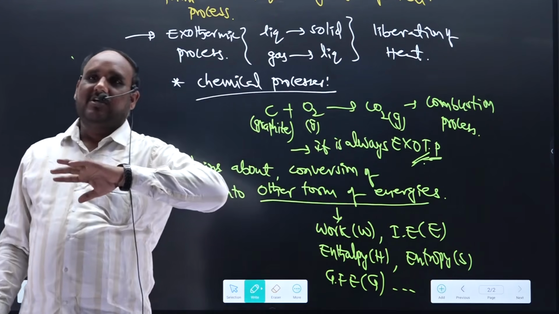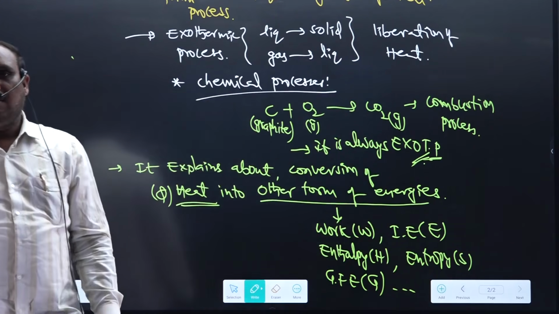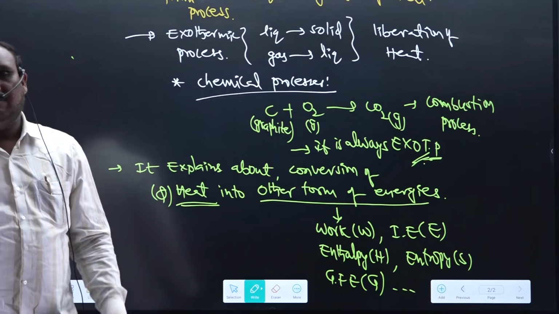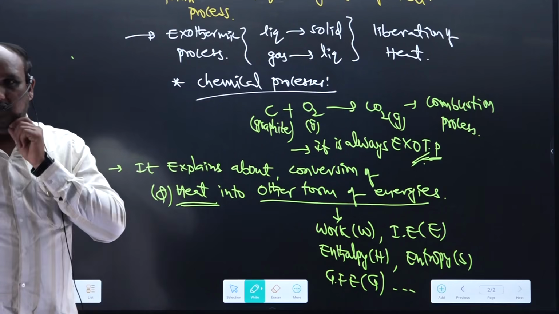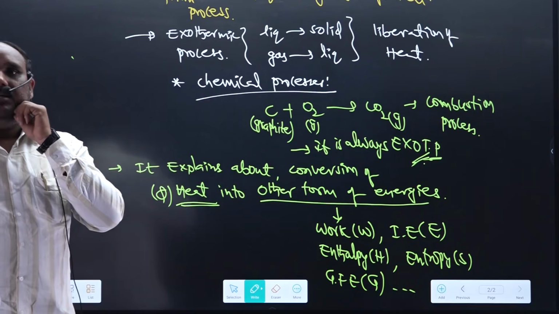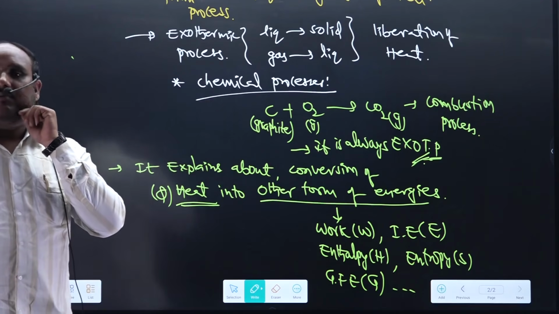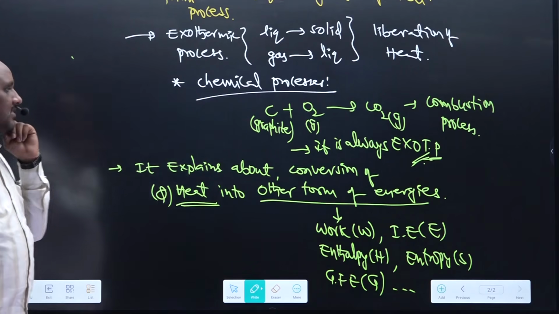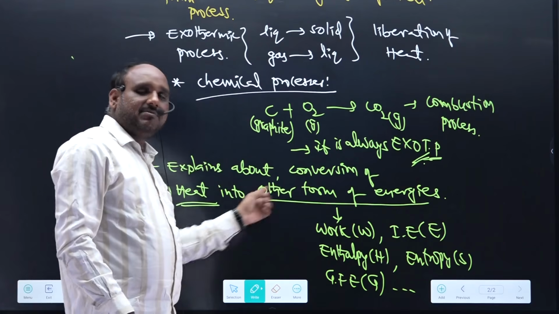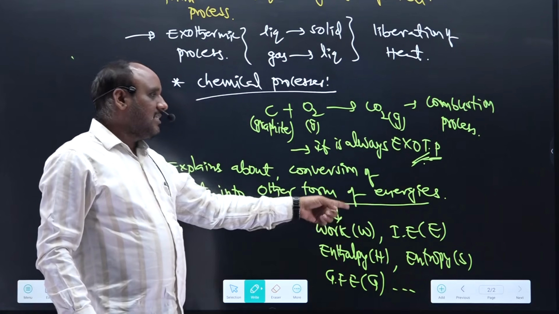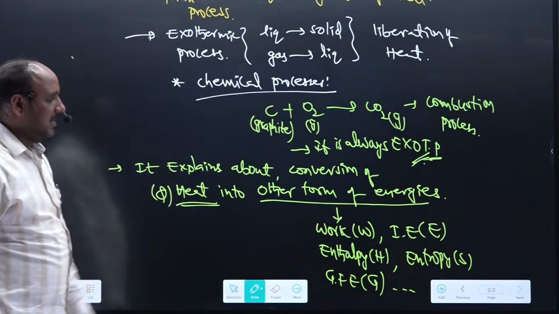Some reactions are physical in nature, involving transformation of one phase to another phase, and some are chemical in nature, where some chemical species are converted into other chemical species. That is a chemical process. During these physical and chemical processes, how the energy transformation is carried out, such relationships we are going to explain.